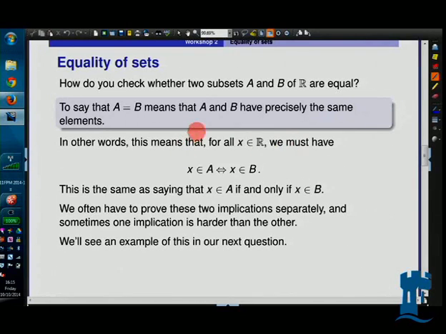Now, I'm working with subsets of the real numbers, so what you can do is you can say that for every real number x, you need to check that if x is in the first set, it's in the second set, and if x is in the second set, that it's in the first set. This double-headed arrow means you need a two-way implication, and you need to get that x is in A if and only if, that's another way of saying the two-way implication, x is in B. And that's two different implications, and we often have to prove them separately, and sometimes one implication is harder to prove than the other.